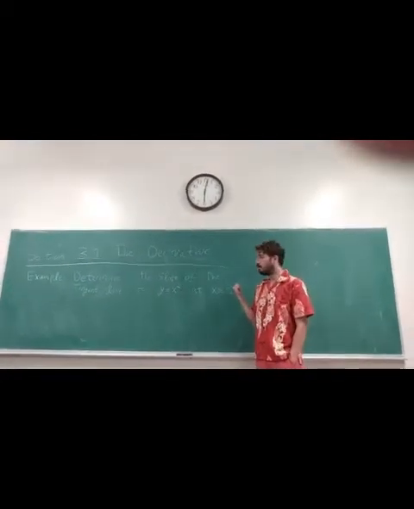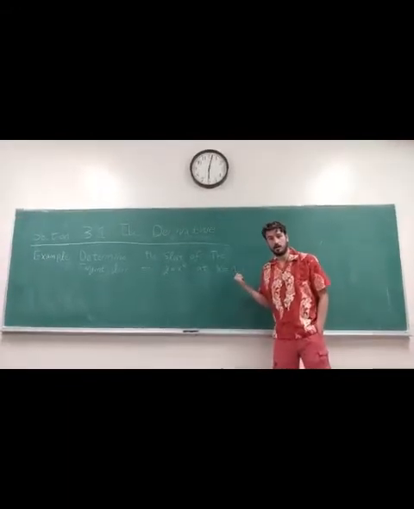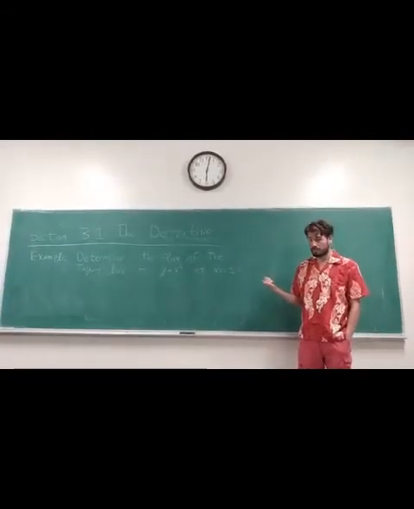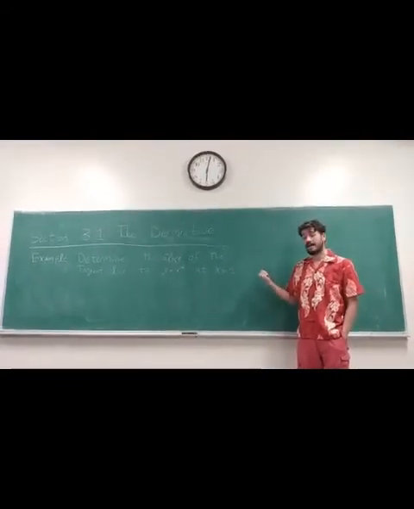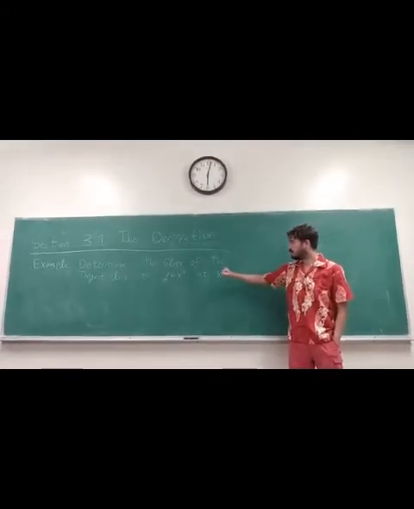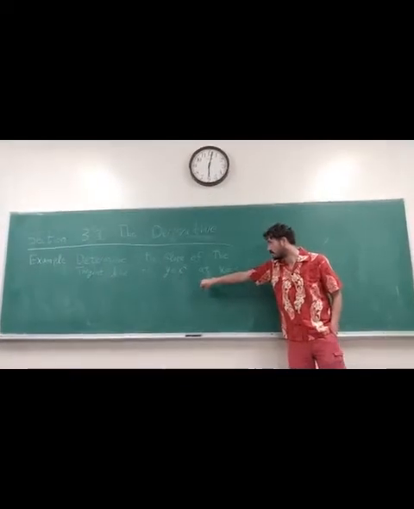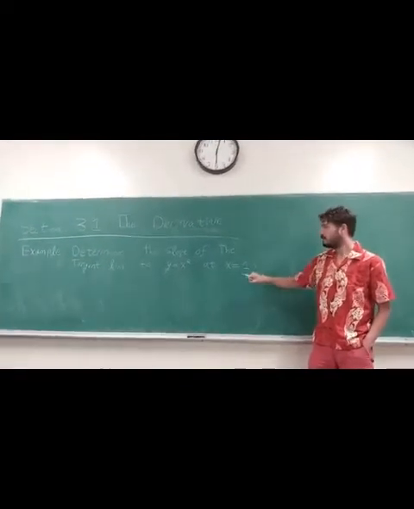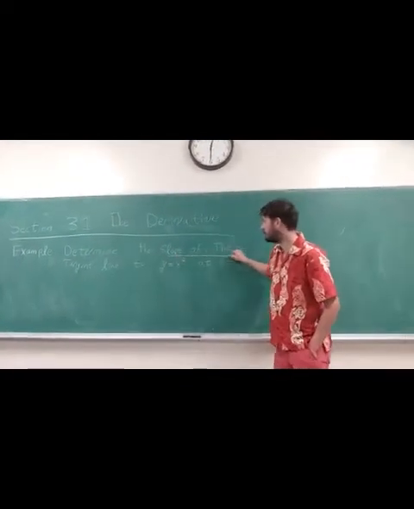In this segment, we're going to go over an example of how the derivative can be used to determine the slope of the tangent line, and actually also not just the slope, but the equation of the tangent line to the function y is equal to x squared at x equal to 1. So we're determining the slope.